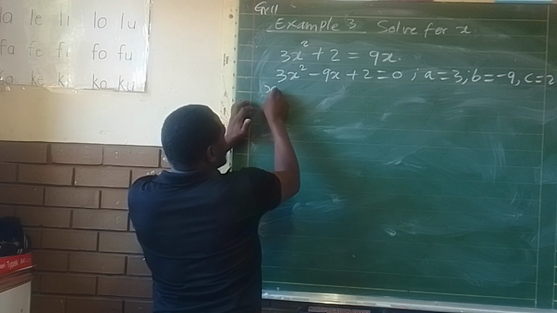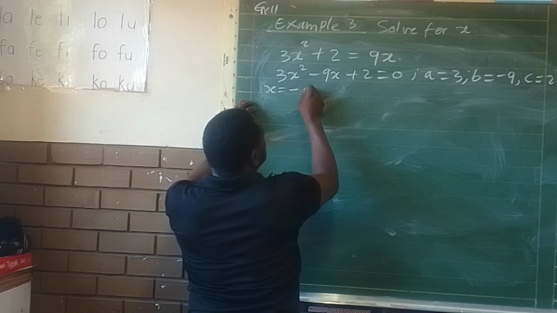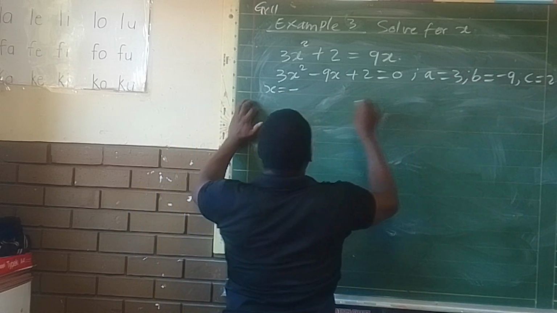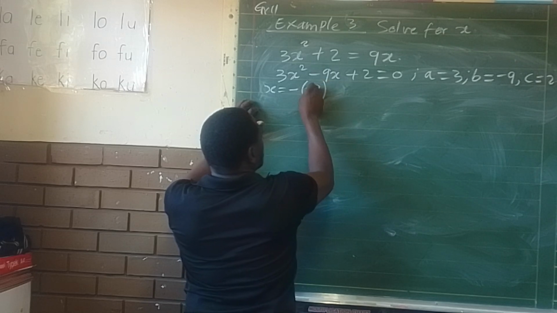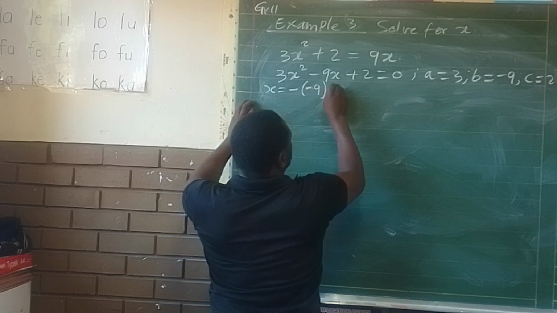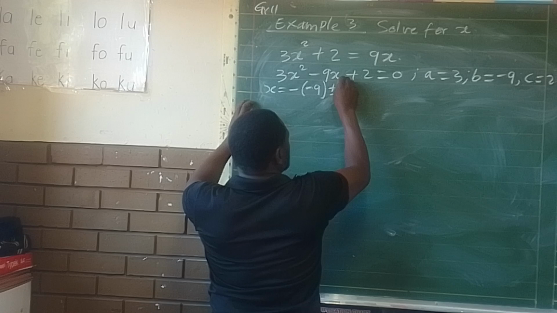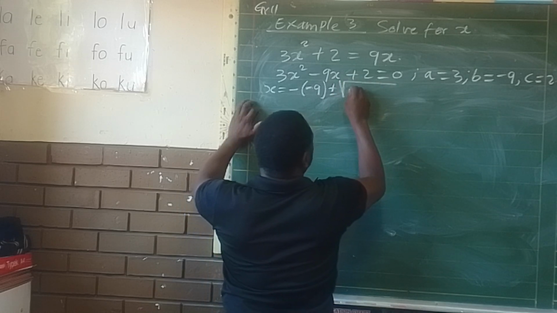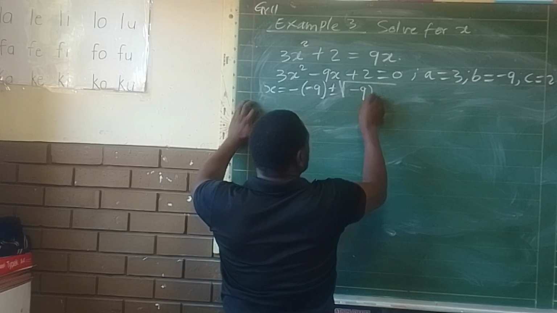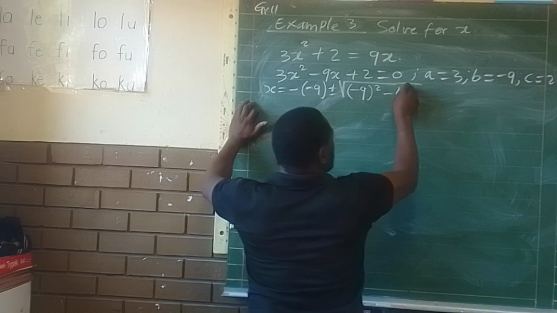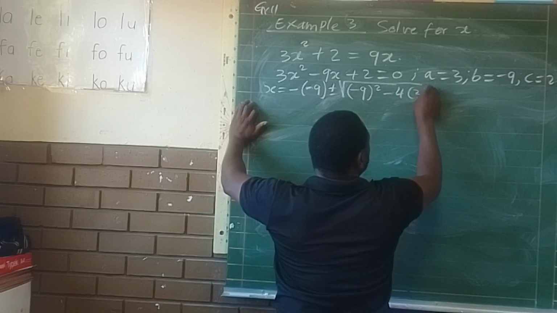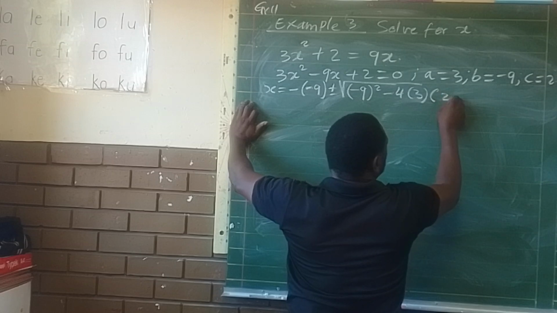Right, x is equals to minus B. Where is your B? It's minus 9. Minus 9 plus minus a square root of B squared, it's minus 9 squared, minus 4AC, your A is 3, your C is 2.